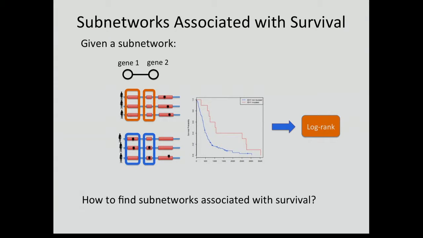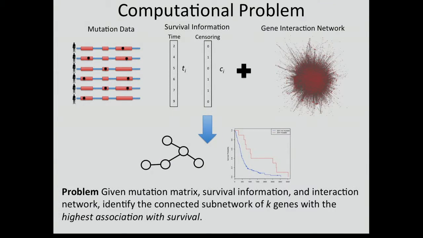Okay, this is when I'm given the set of genes. What if I want to find the subnetwork that is associated with survival? So I'm not given the set beforehand, but I want to find it. Maybe I want to identify the set of genes among all possible genes, or maybe I want to restrict to a gene interaction network.